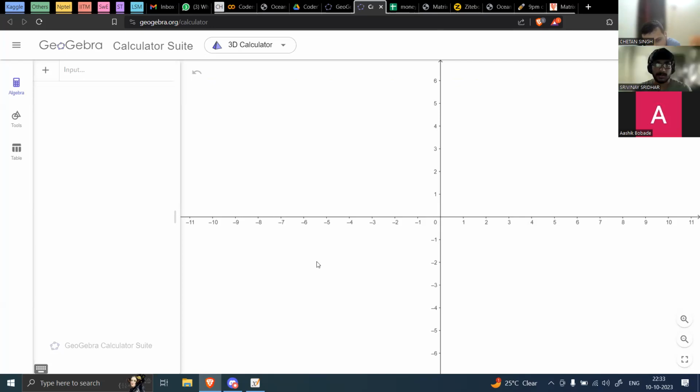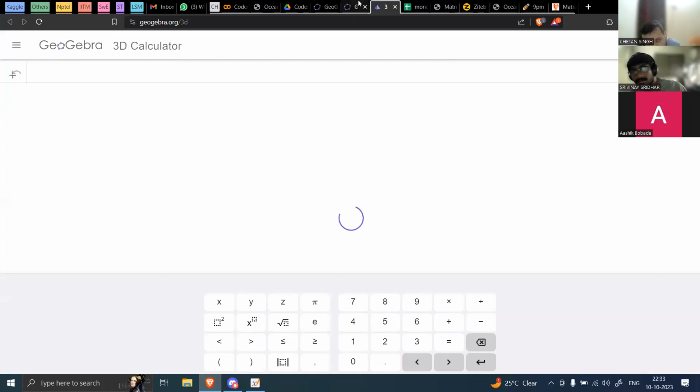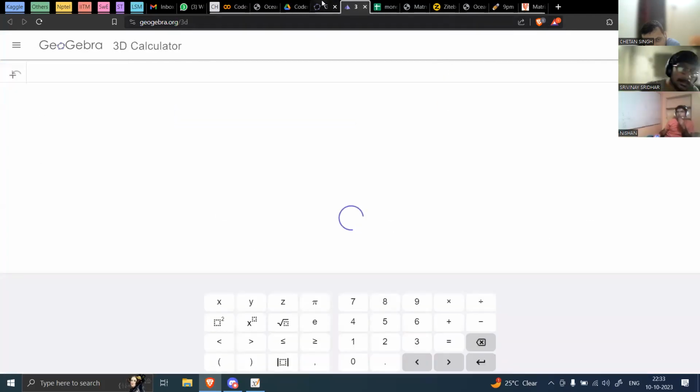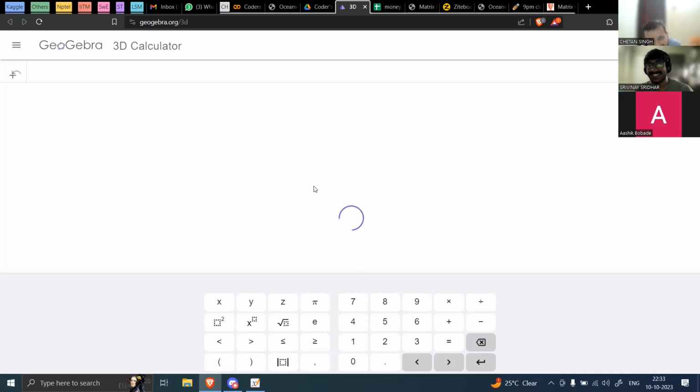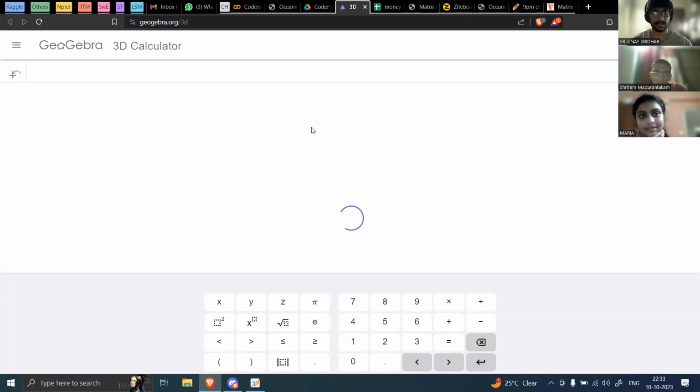The 3D calculator doesn't seem to open. Let me check if their server is down or what. For the first time, so many people are using GeoGebra. I think they're happy. The server is not down at all. It's working. It happens. That day my computer was hanging, maybe because of sharing my screen.